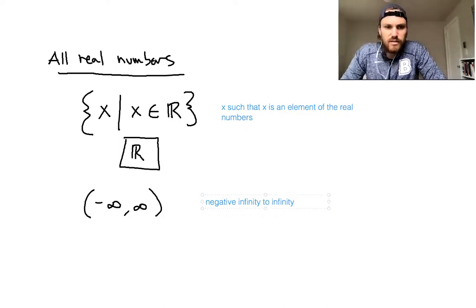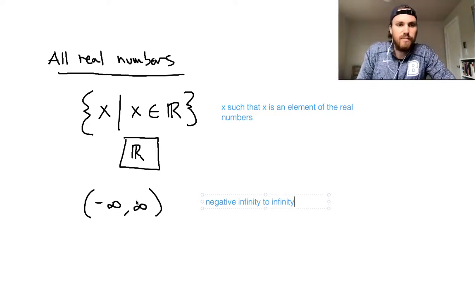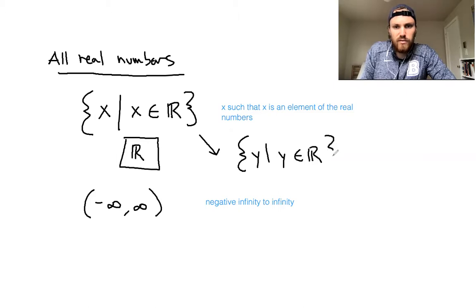But it also means all real numbers because it's everything between negative infinity all the way to positive infinity. Of course, if you were doing range, then you would write this as y such that y is an element of the real numbers.